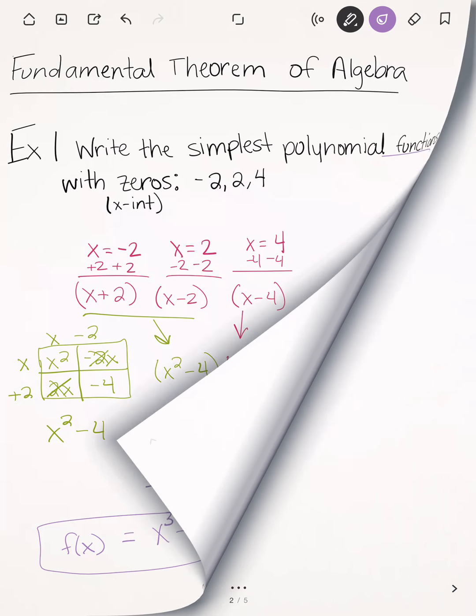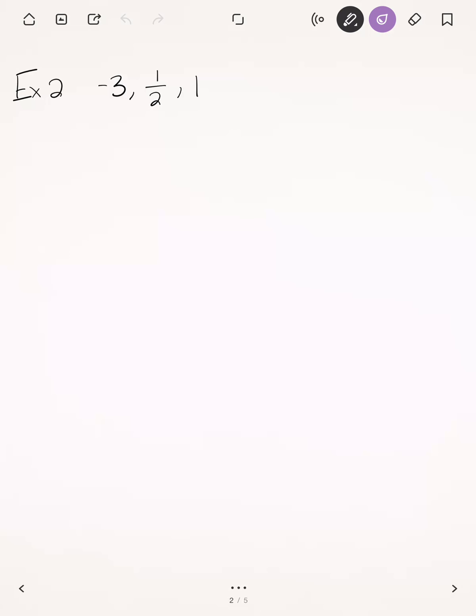Okay, so let's do another one. Example 2, same thing, but now my zeros are -3, 1/2, and 1. I know some of you are like, oh, this has a fraction. I'm not going to touch it, but I'm going to show you how we get rid of that fraction. Again, we have x equals -3, x equals 1/2, and x equals 1.